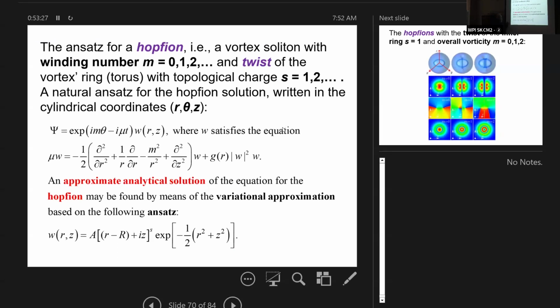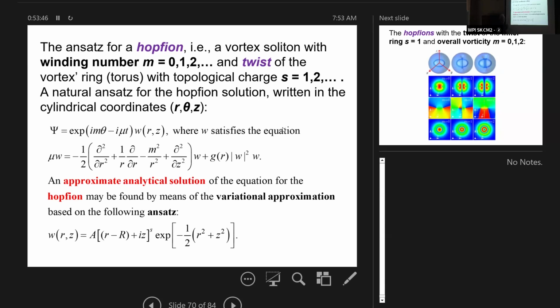For example, we can obtain, first of all, fundamental solitons without any vorticity. Then we can obtain vortex solitons with embedded integer vorticity m, but it's also possible to predict Hopfions. A Hopfion is essentially a vortex torus, a vortex ring, however with an additional feature.